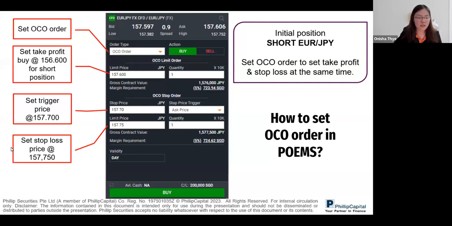And then for this stop loss price, we can set it higher than the stop price that we have, because when the market price increases, this is the triggering price, and then we will submit the stop loss at this limit price. So this is how we set our OCO order in our POEMS platform.